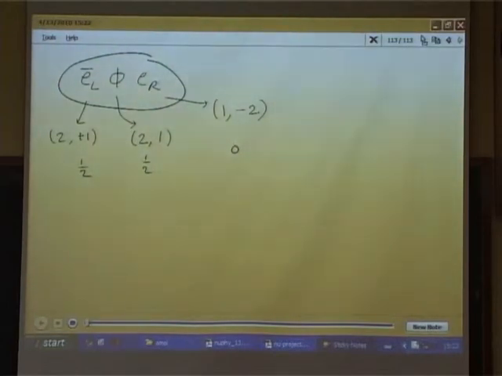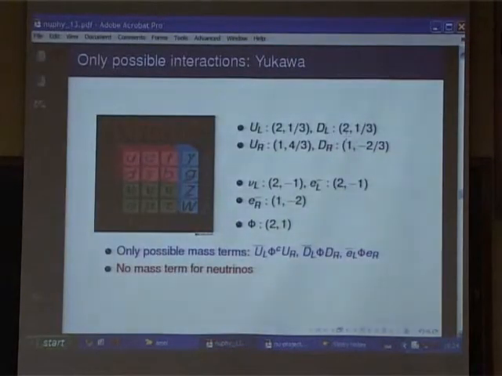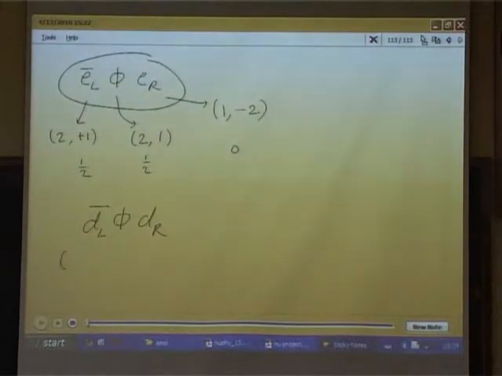Just like E_L bar phi E_R, we can also have terms which look like D_L bar phi D_R. So let's see what that term is. D_L is (2, 1/3), so D_L bar is (2, minus 1/3).